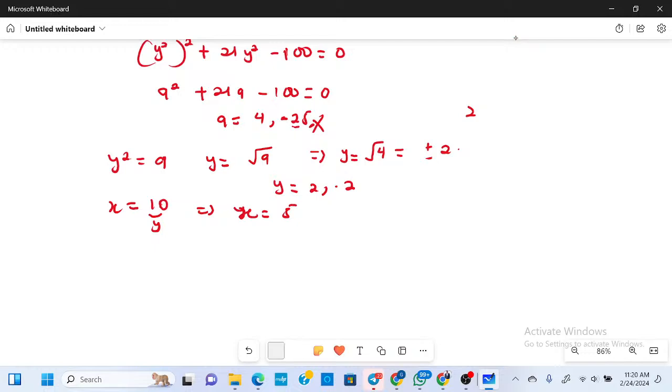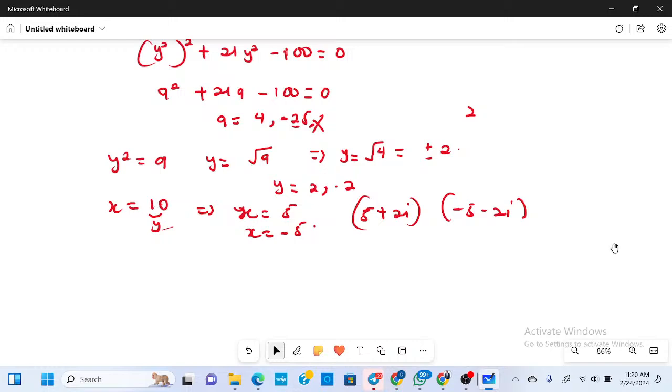And when y is negative 2, I'll get x to be equal to negative 5. Therefore, you can clearly see that we have 5 plus 2i. Then the next root is what? Negative 5 minus 2i to be the root for the equation given above. And this is the solution for the 6th question.